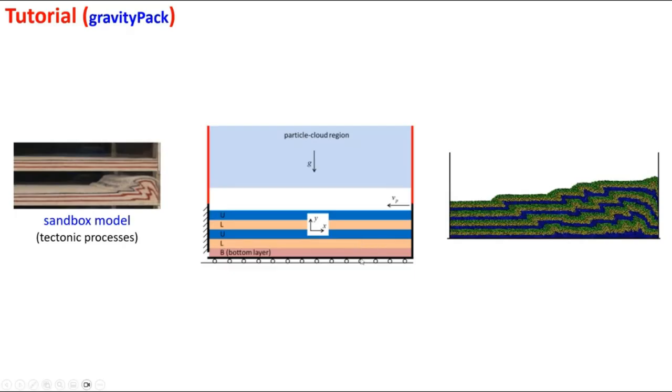We talked about grouping. Every particle can be a part of different groups. And once we make a particle part of different groups, we can use the ball plot item and say we want to color it by group. And then we should be able to see the different layers.